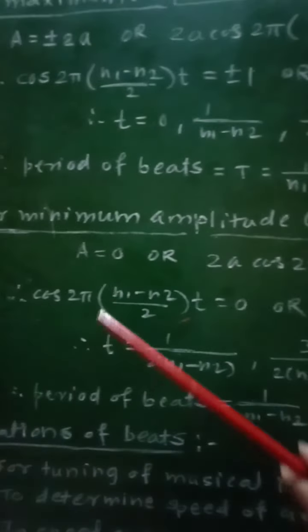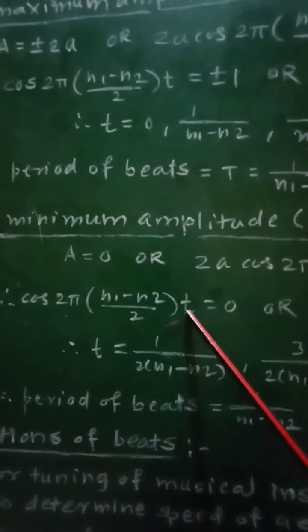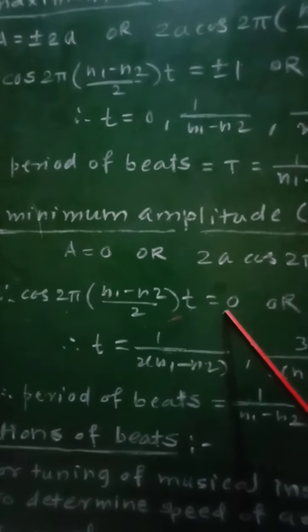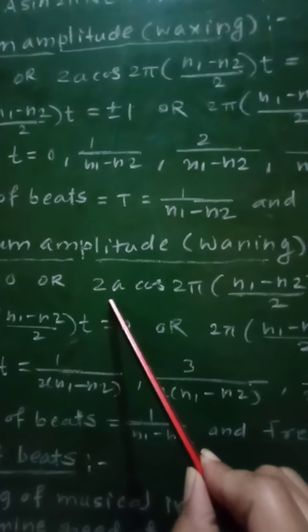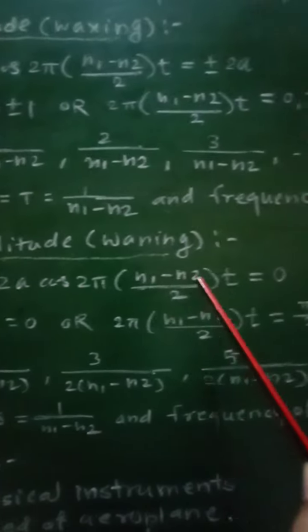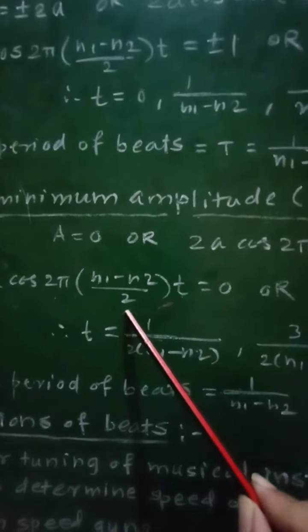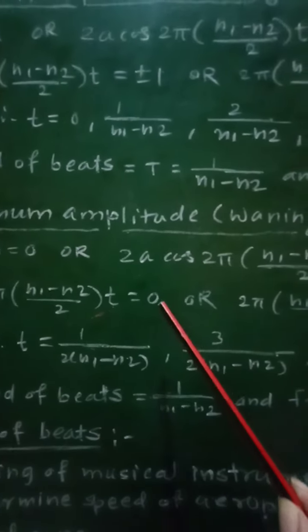And therefore we can write cos 2 pi (n1 minus n2) upon 2 into t equal to 0. 2a is a finite value. If you multiply this 2a by 0, then we will get the answer as 0, and therefore cos 2 pi (n1 minus n2) upon 2 into t equal to 0.